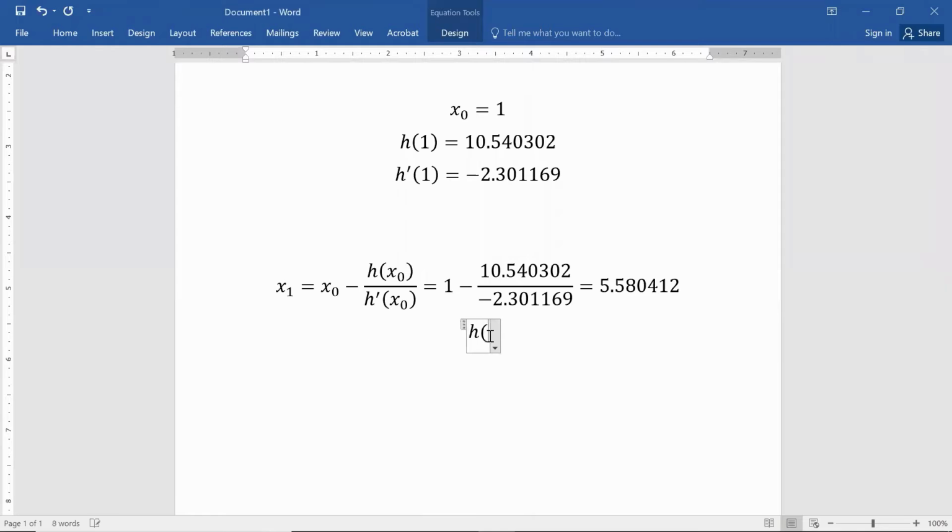Once I plug in the initial iteration, my second guess, into the function h of x, so once I plug in the 5.580412 into my function h, I ended up with 5.097324.